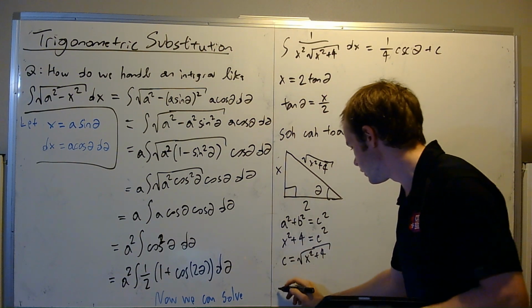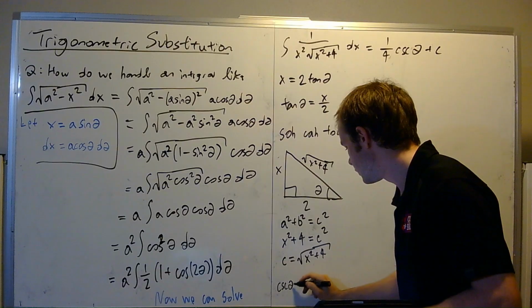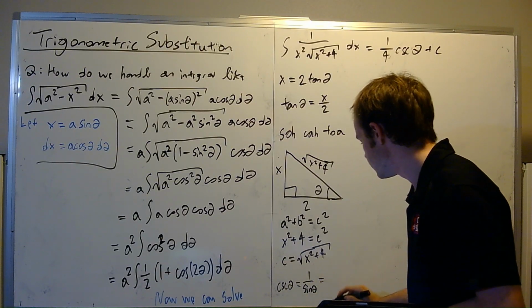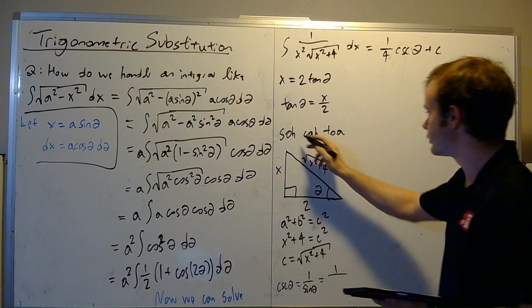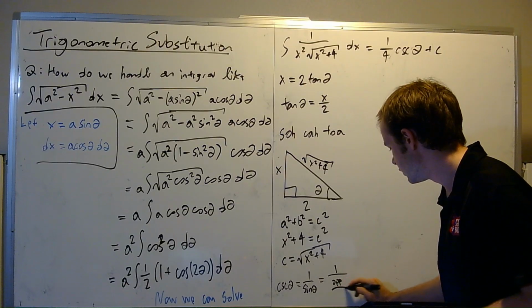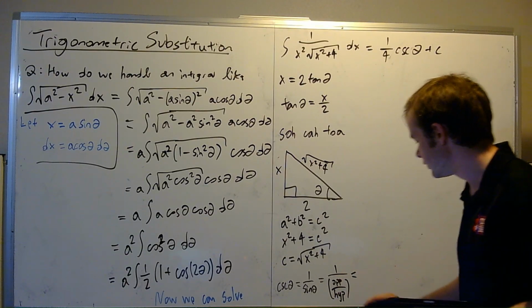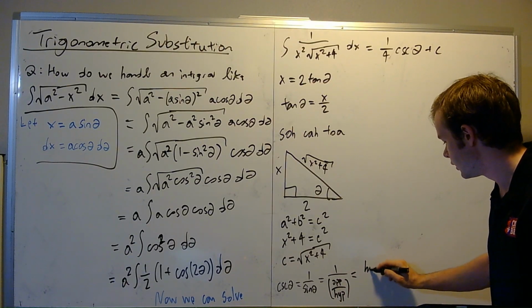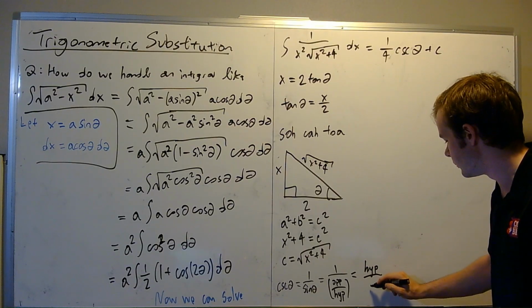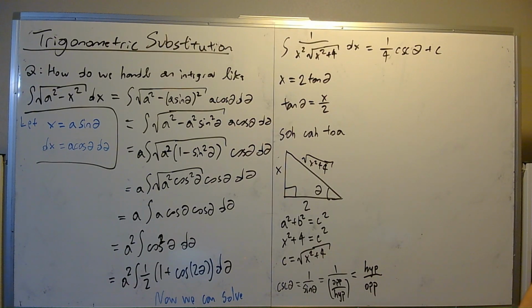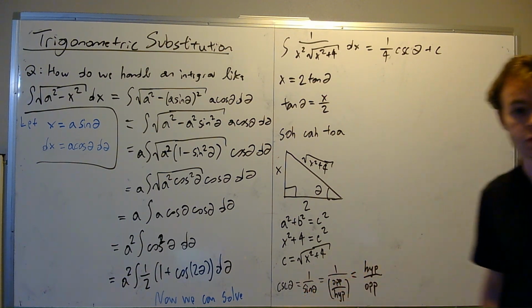So cosecant theta equals 1 over sine theta, and we said sine is opposite over hypotenuse. So we're taking 1 over opposite over hypotenuse, and that's the same thing as hypotenuse over opposite. So hypotenuse over opposite is going to give us whatever cosecant theta is.